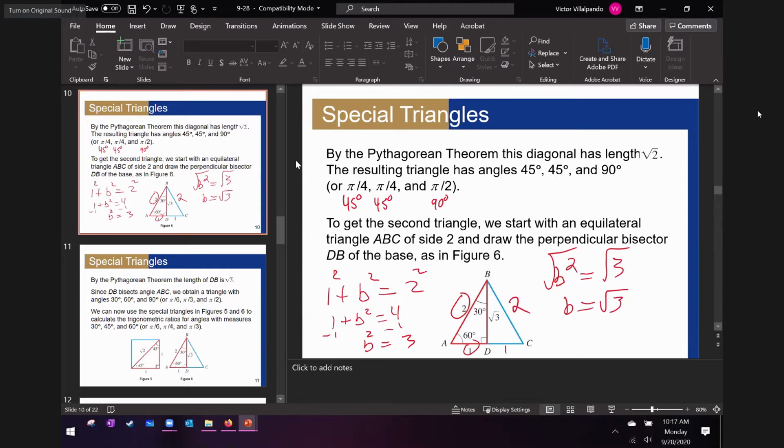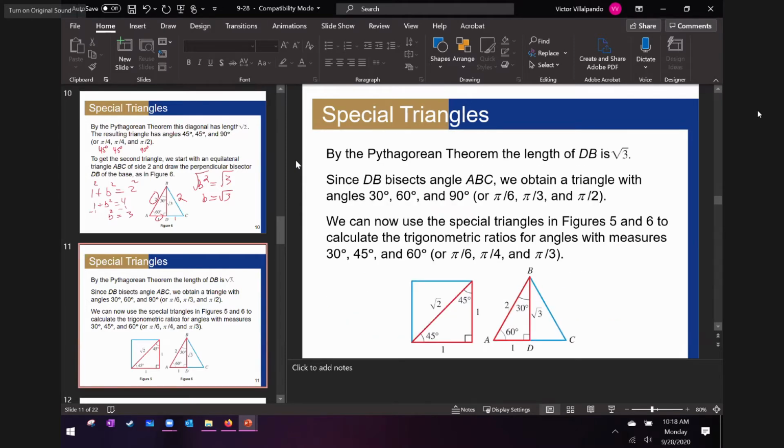All right, so now we get a better understanding of what's going on with this second triangle. This one's the 30, 60, 90 triangle, another special one because we get the total sum of 180 degrees in that triangle. It starts off with designing an equilateral triangle of side 2. By the Pythagorean theorem, we got square root 3, what we just did.